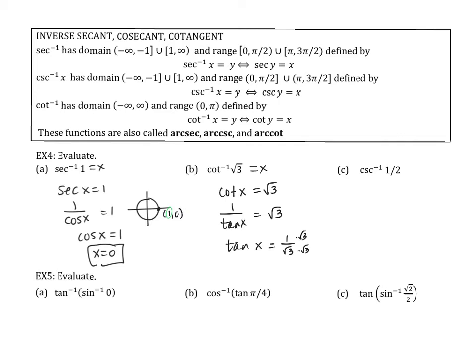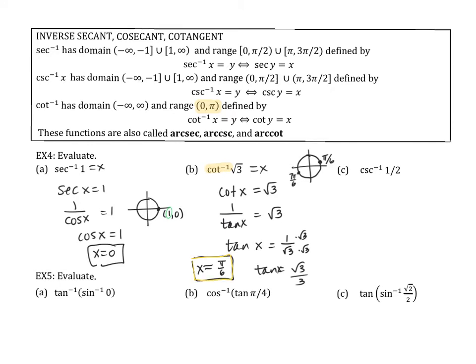And we're used to seeing that if we rationalize that denominator as root 3 over 3, and I forgot my little x, that happens twice at pi over 6 and 7 pi over 6. But we go back, and since we were originally evaluating cotangent, we need to think about, am I giving myself a value that's defined for arc cotangent? And okay, and we are with our pi over 6.